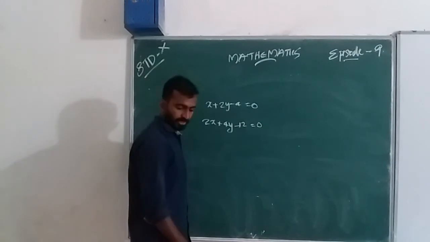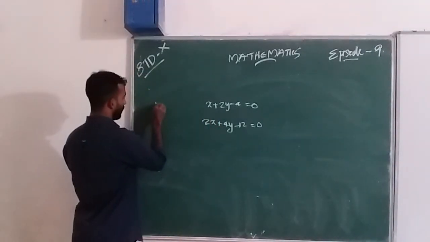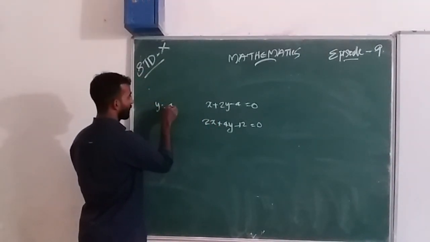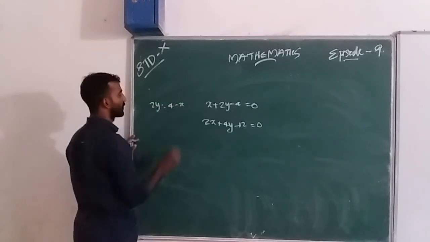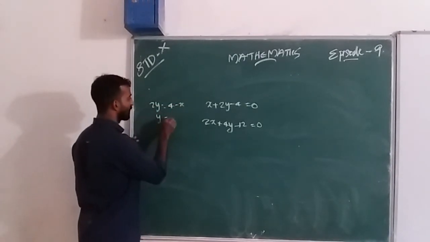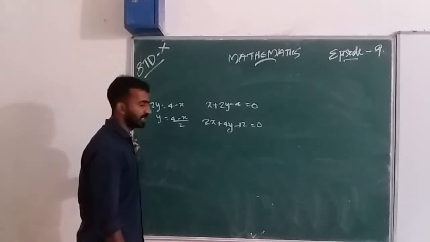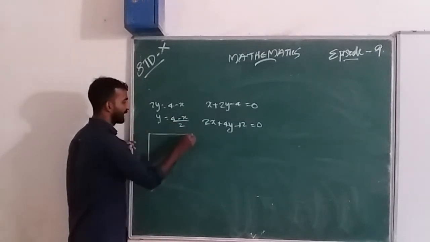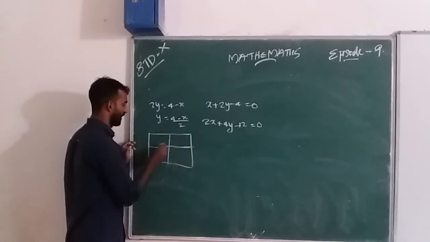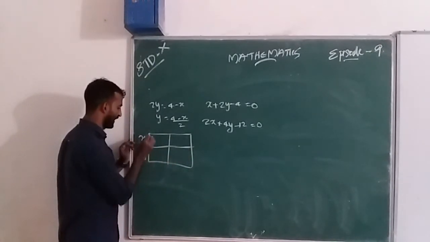For that we want to find y equal to 4 minus x, over 2. Right? Yes. Then we can take both. Here x, here y.